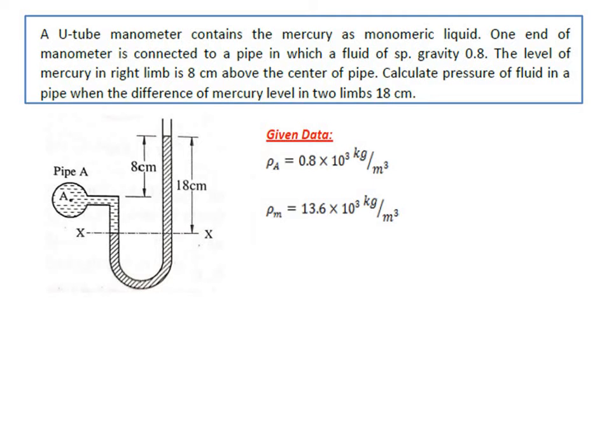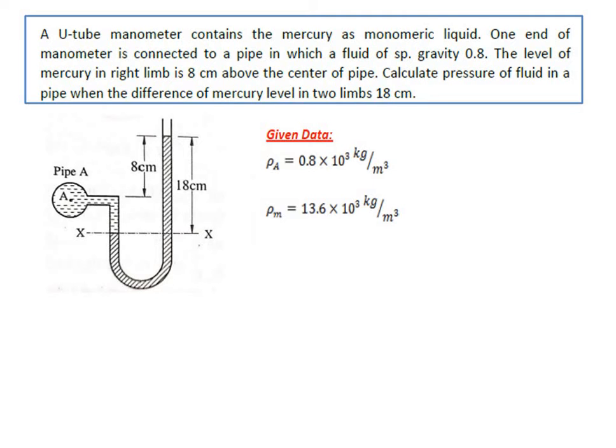For mercury, the specific gravity is 13.6. Specific gravity is the density of the fluid divided by the standard density, that of water, which is 1000. So the density of fluid A is 0.8 into 10 to the power 3 kg per meter cube, and the density of mercury is 13.6 into 10 to the power 3 kg per meter cube.